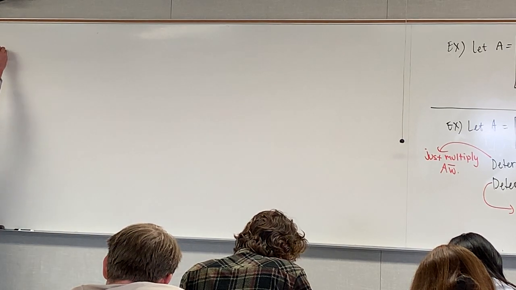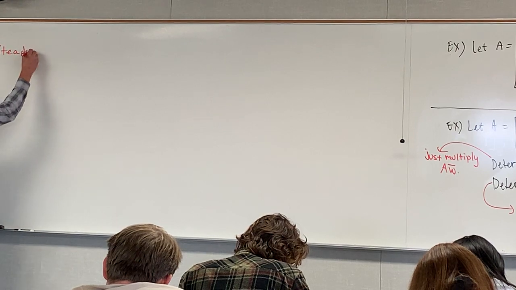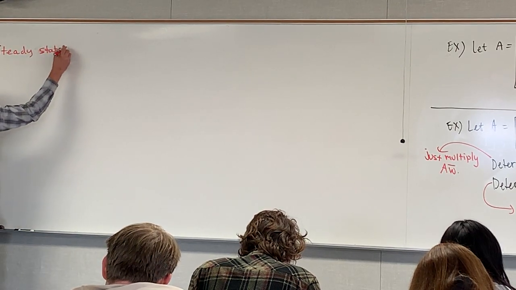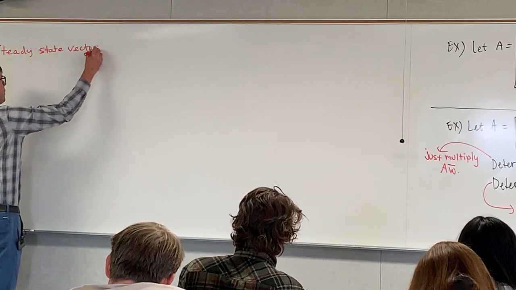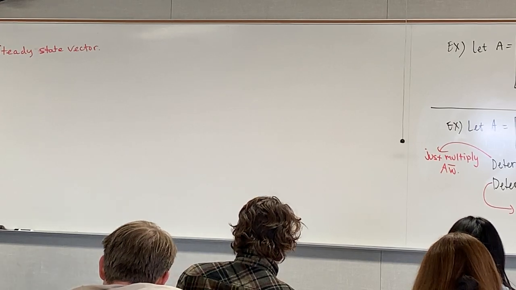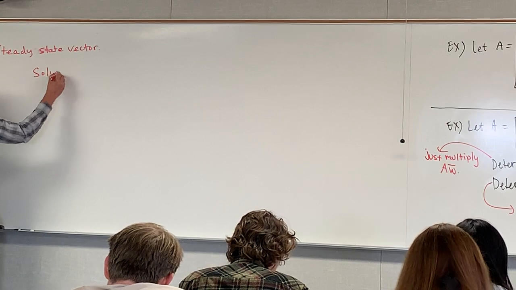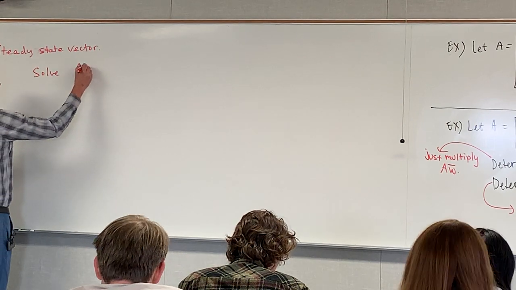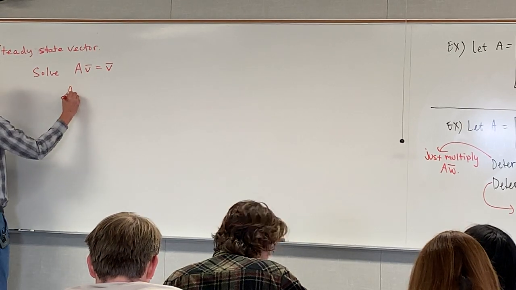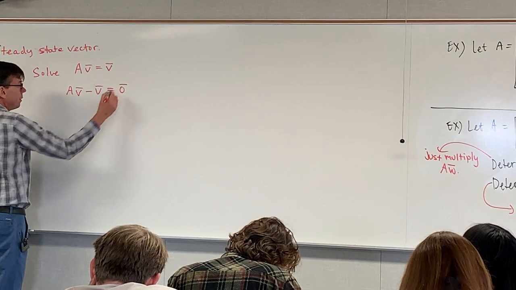So, steady state matrix, or steady state vector. I think you just sort of have to know what the process is, right? We want to solve AV equals V, or AV minus V equals 0.